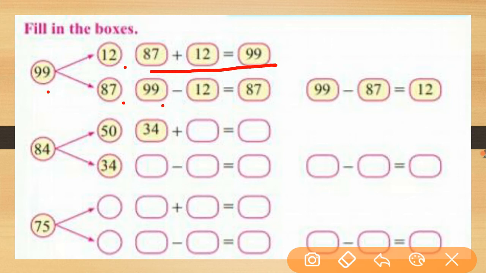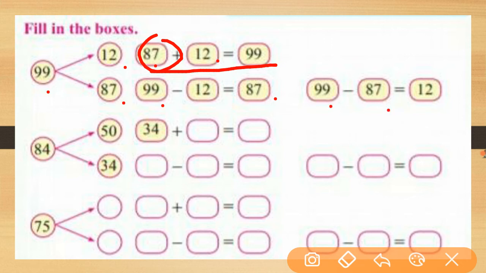So 99, the sum, is taken first, and from this sum we subtract one number, that is 12. When we subtract 12 from 99, what is the answer here? 87. And the other number is also 87. It means when we subtract one number from the sum, we get the other number as a difference.